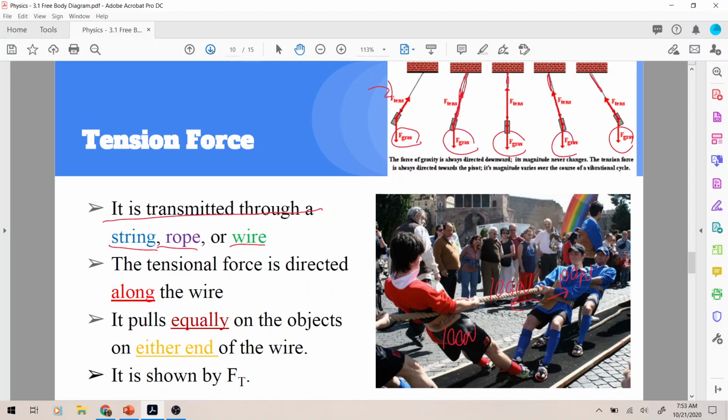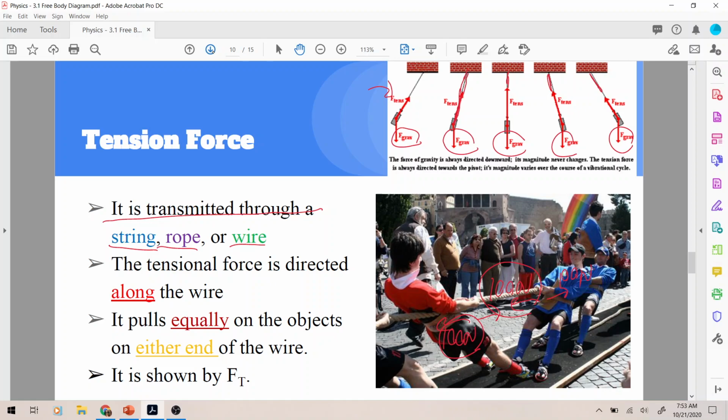So the tension on the string over here is 100 newtons. Same idea for this group. They're trying to pull it in this direction and tension keeps it from moving. So tension is also 100 newtons. You don't add them up. Whatever the tension at any point on a string, it is going to be the same on the same string.